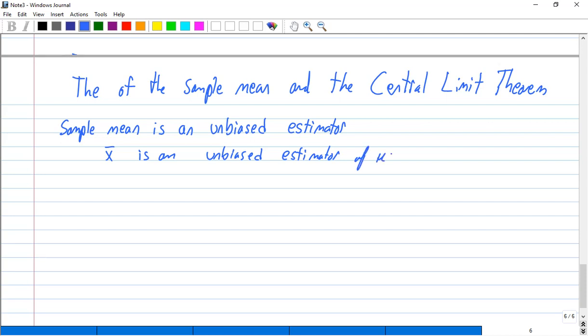And that's the same thing as me saying the sample mean is an unbiased estimator of the population mean. Both of those statements are the same. It's just that in one I'm using variables to represent the words. Okay? And so if the estimator equals the population parameter being estimated, then it's unbiased.